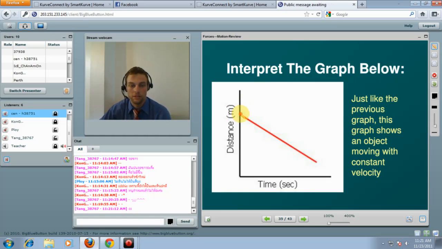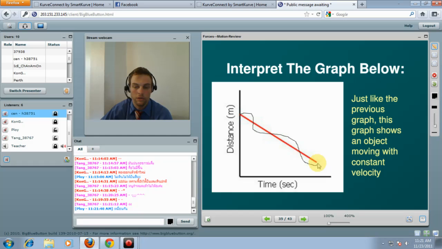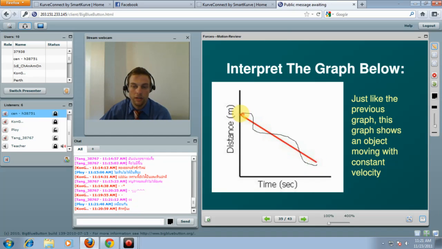So say something is 6 meters away and it moves to 2 meters away, it's still moving at a constant speed, because the line is straight. If the line was like this, you would be able to find the average speed by taking the total distance and dividing it by the total time. And you'd get a line just like this if you were to graph it on a calculator or in your book.